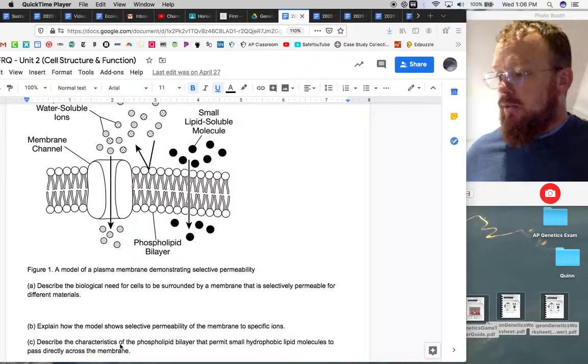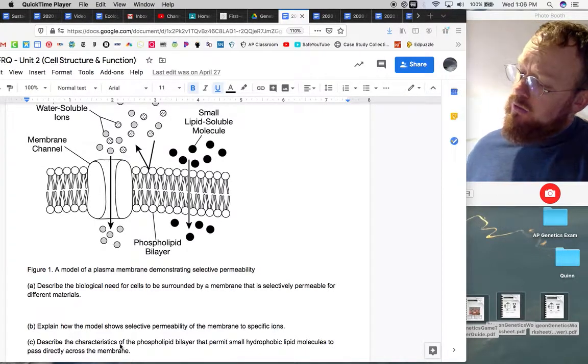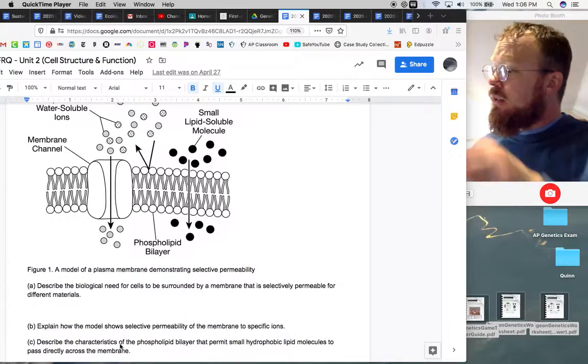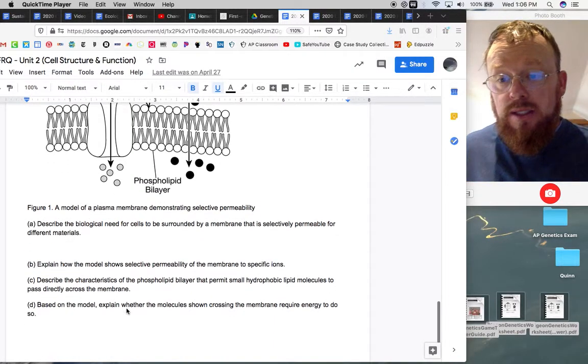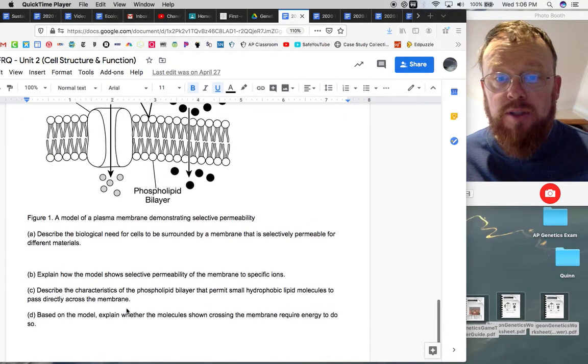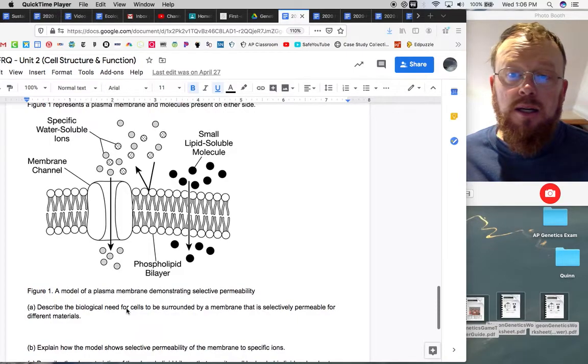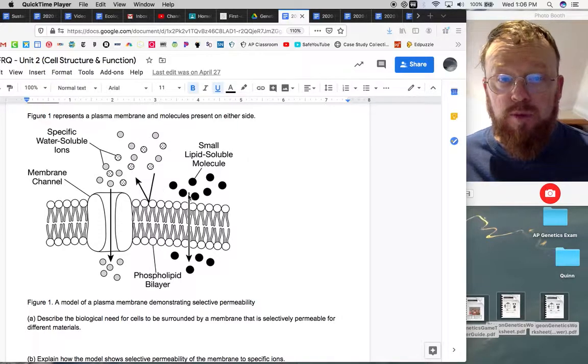Let's see, what is part B? Part B says explain how the model shows selective permeability of the membrane to specific ions. Well, basically what it's showing is that the polar molecules, and how do we know that those are polar molecules?